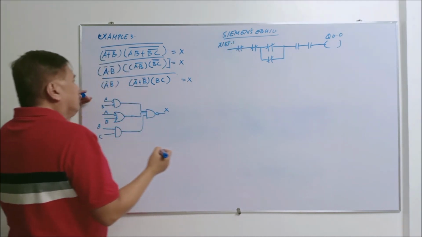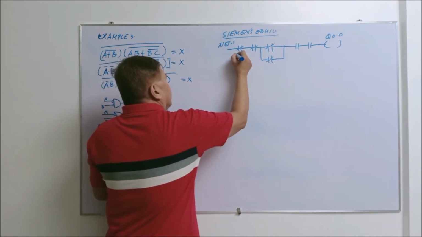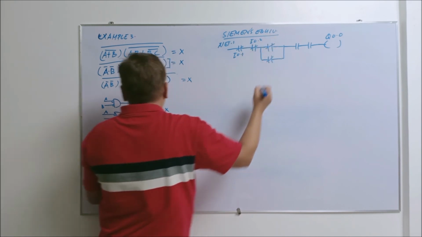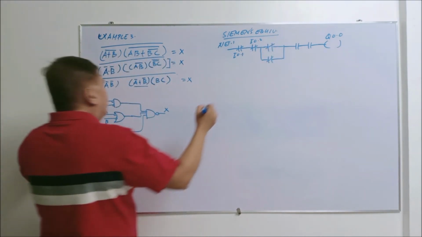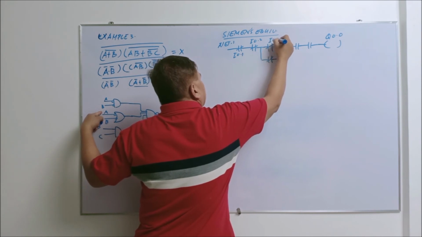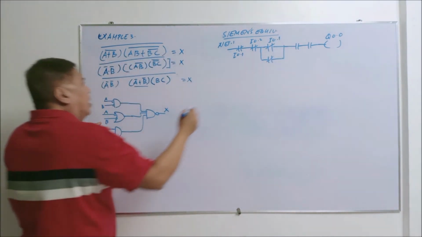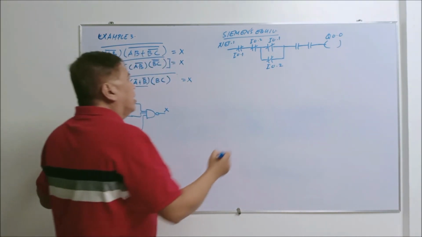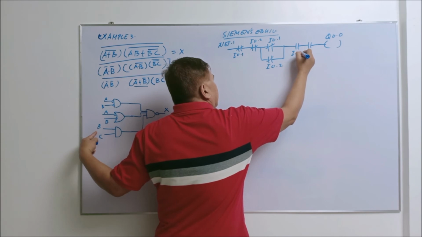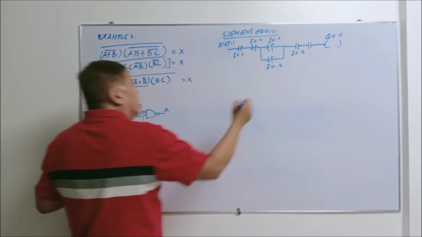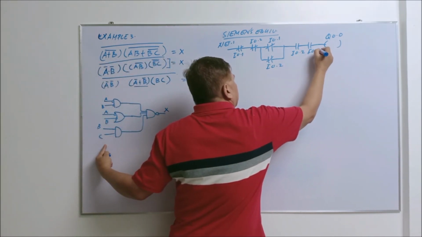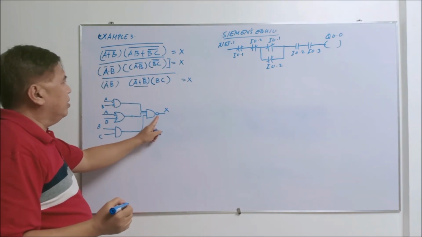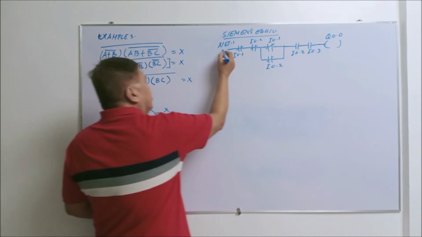Again, let us represent A with I 0.1, B with I 0.2, then A again, I 0.1, B again, I 0.2, B again, I 0.2, and C, I 0.3. Okay? We're not yet done with our inverter here. So this belongs to network 1.